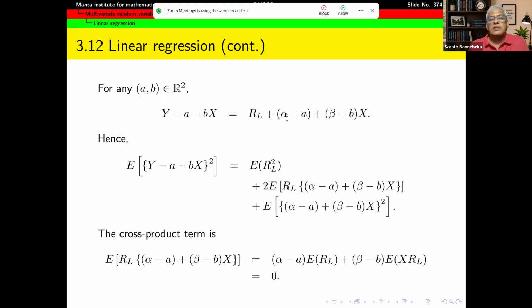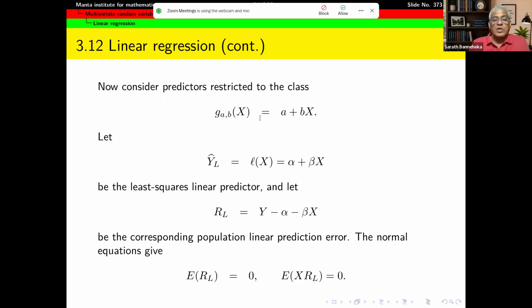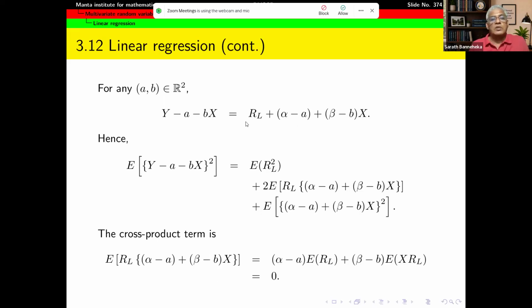Because RL is equal to this quantity, if you substitute y by RL plus alpha plus beta x, then RL plus alpha plus beta x is equal to y, and then you have minus a minus b times x.